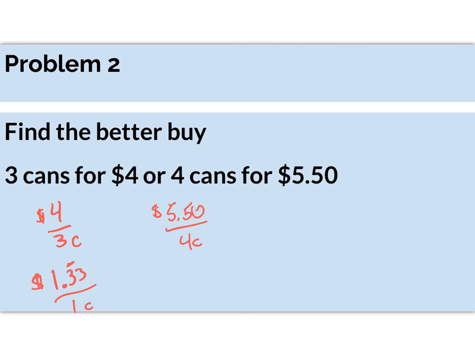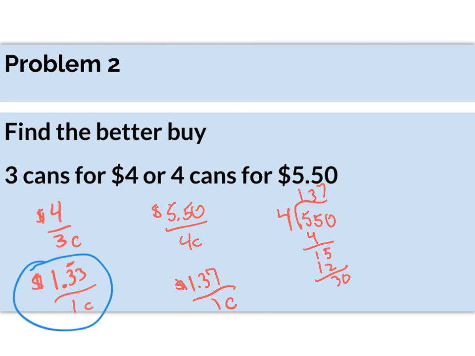And 4 goes into 5.50 once. 15, 30, 3 is 12, you get 30, 1.37. So 1.37 per 1 can. So obviously again, our first one is the better buy.